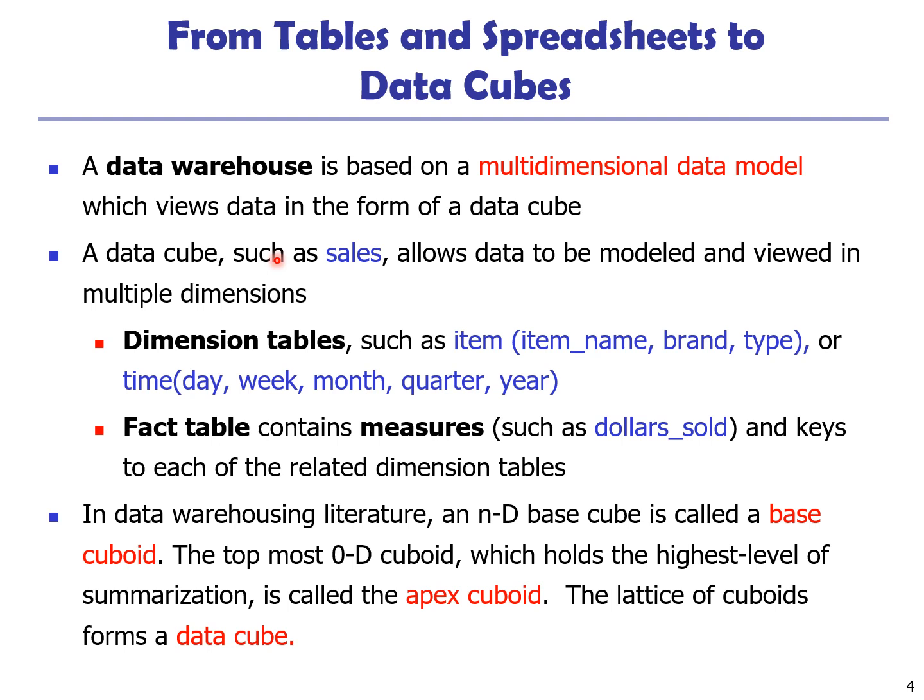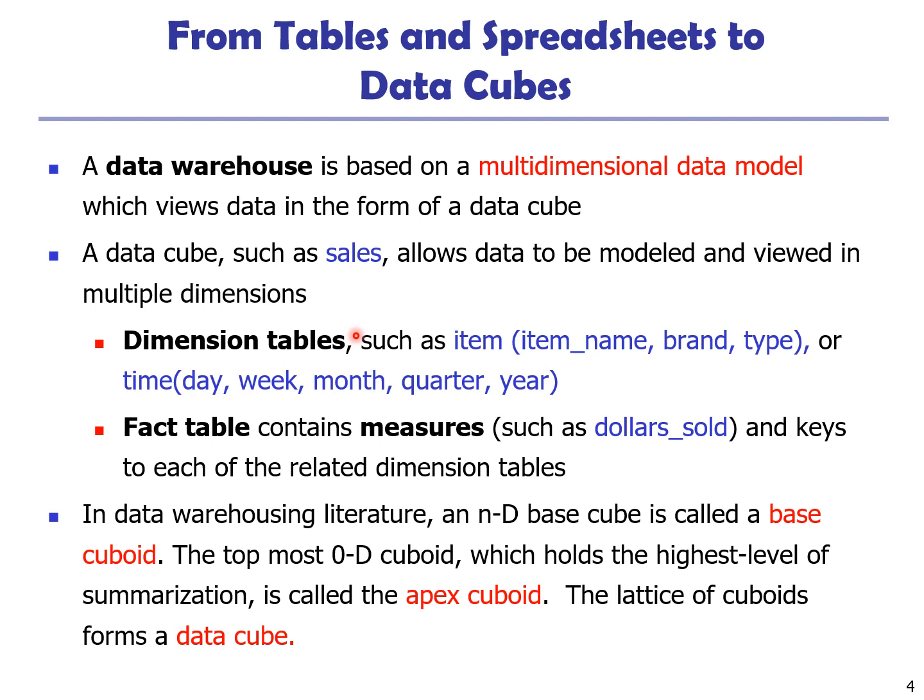However, in order to model sales in the form of a data cube, we actually use dimension tables and we use fact tables, which contain some measures. Dimension tables include some information about sales.